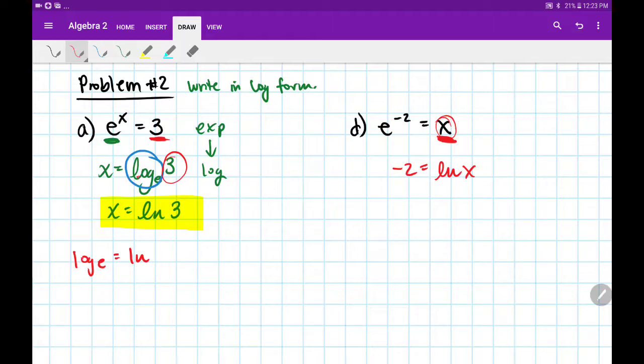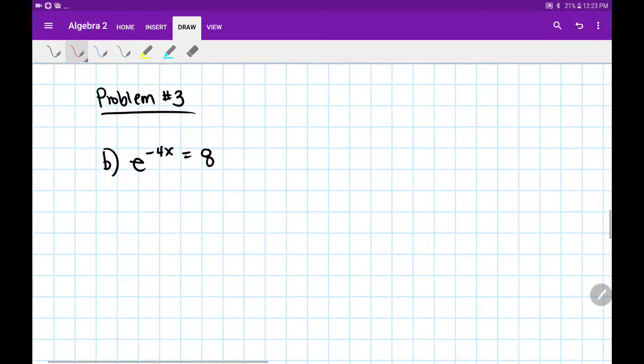It's all just a bunch of patterns, and the trick is doing many, many examples. Now in problem number 3, we're actually given an equation. So it doesn't tell us what form to go to. We just have to solve for x. Well, the best way to approach these problems is always ask yourself, what form am I in?